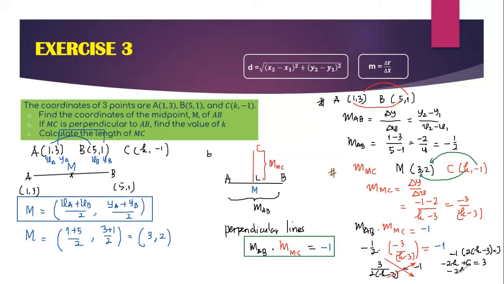So minus 2k, by using the algebra, k is 3 over 2. So the value of k is 3 over 2. Is it clear?